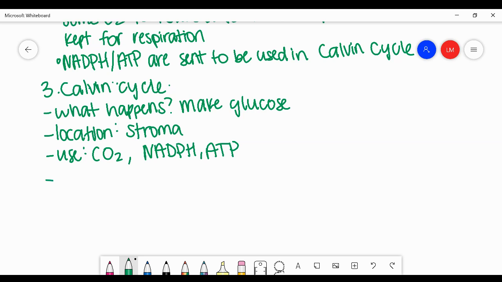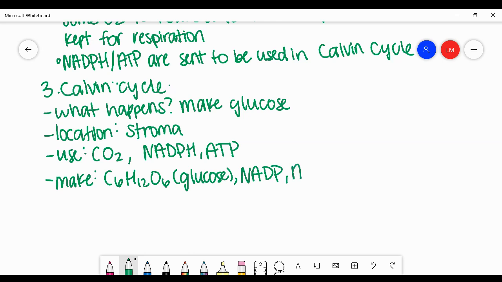And with that, we make C6H12O6, which is glucose. And we also will make, because it's been used, NADP and ADP.